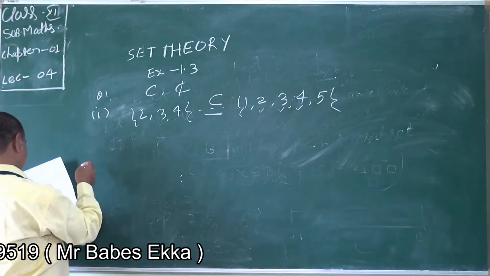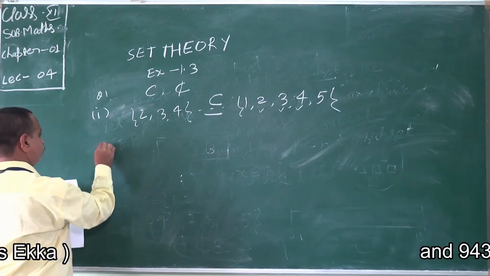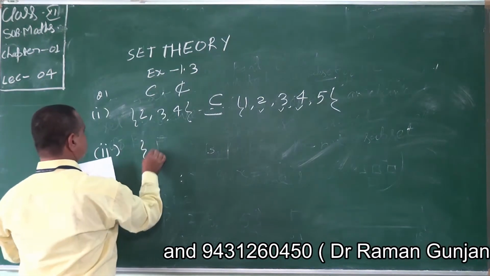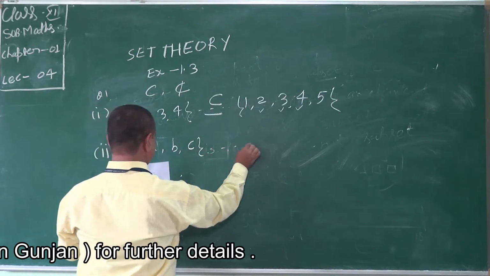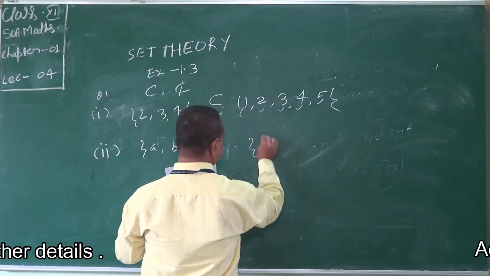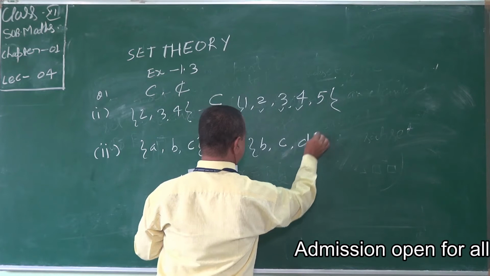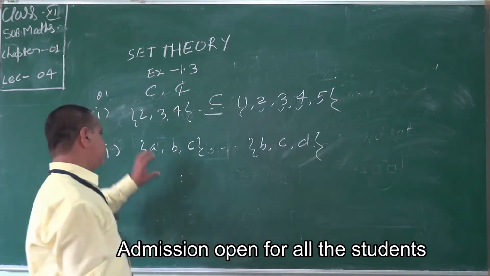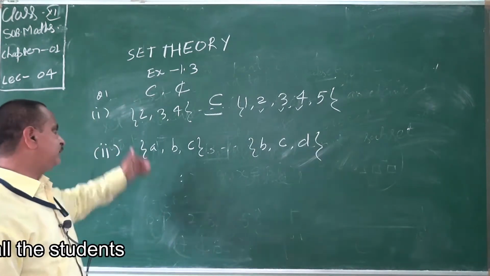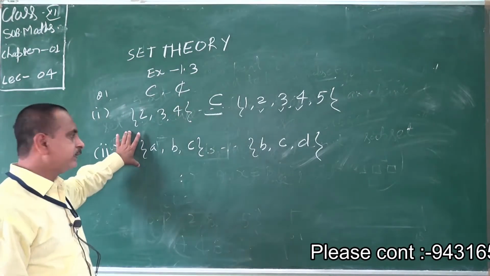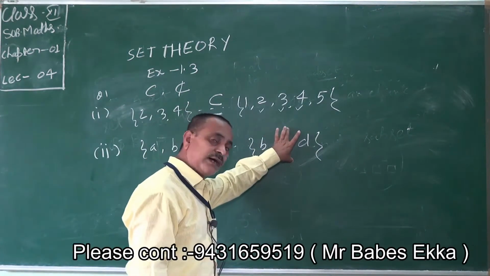Next, your question is 2. Your first set is A, B, C, and your next set is B, C, D. And this is your first set and this is your second set. So I check whether our first set is a subset of the other set.